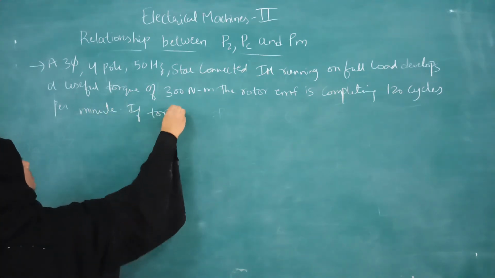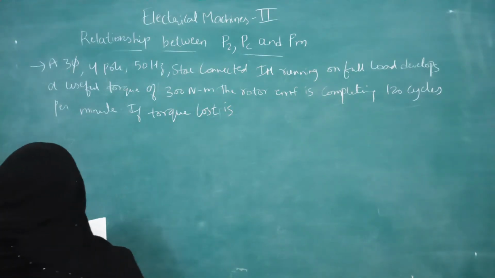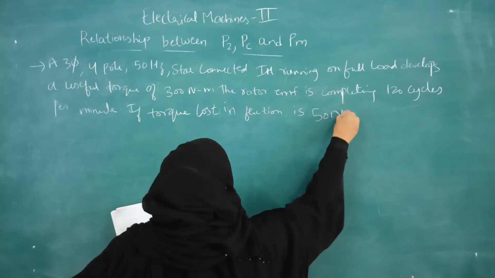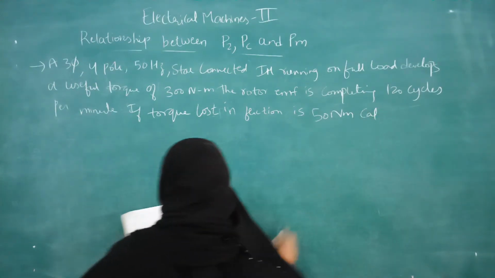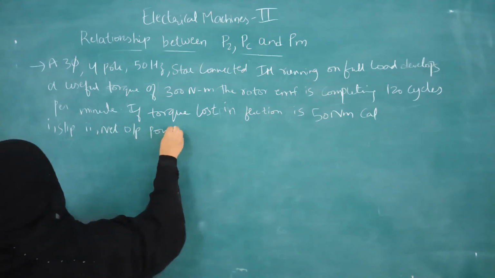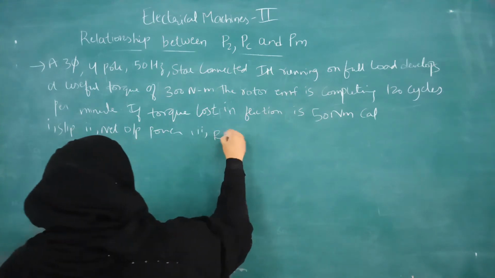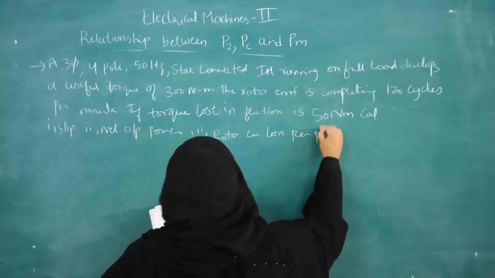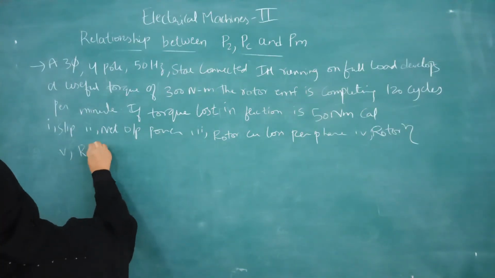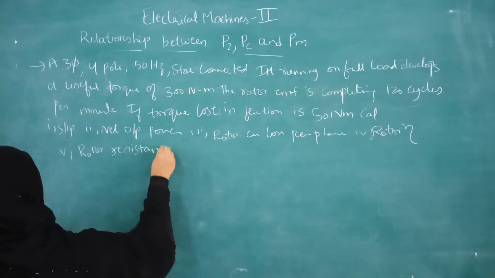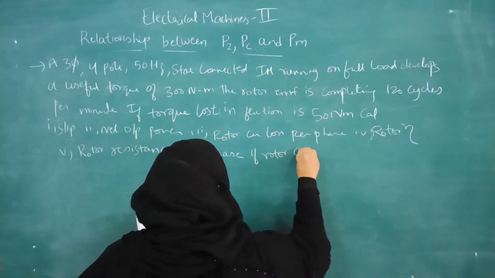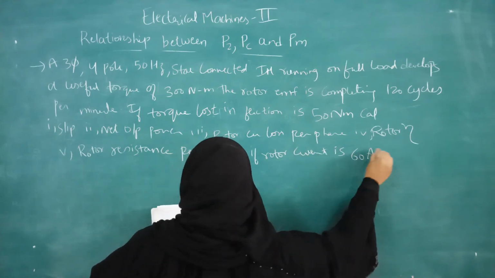If torque lost in friction is 50 Newton meter, calculate slip, net output power, rotor copper loss per phase, rotor efficiency, rotor resistance per phase, if rotor current is 60 amps in running condition.